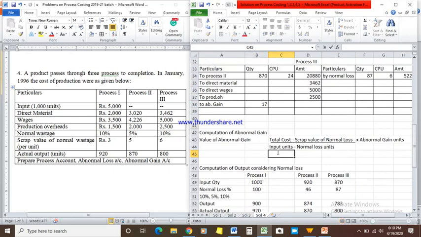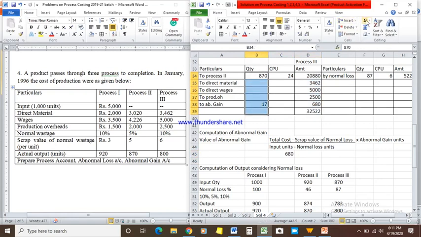So the total of all this, if I take, is 31,842. 31,842 minus 522, the value of normal loss, divided by input 870 units minus normal loss 87 units, multiplied by the abnormal gain units, so I get 680. Finally I'll take the total.